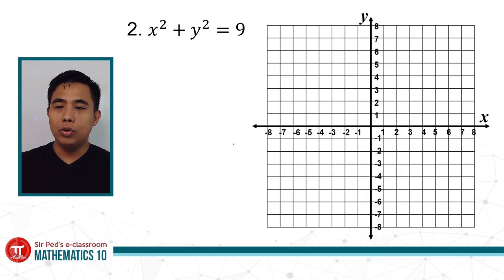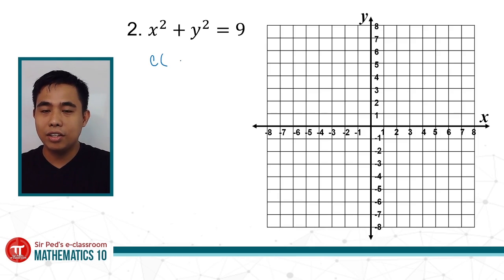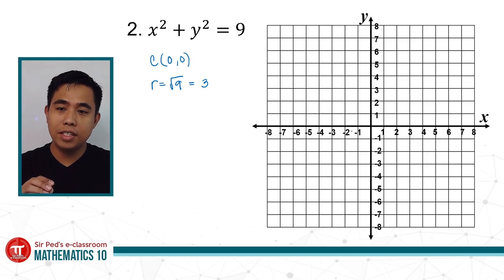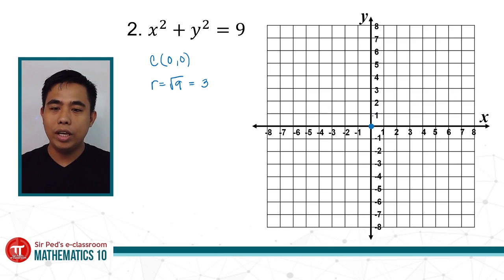Okay? Now, let's have number 2. So, number 2 is in standard form. So, we need to determine first the center of the circle, which is 0, 0. And then the radius is equal to the square root of 9, which is equal to 3. Plot first yung center, which is 0, 0, nasa origin. And then we count 3 units sa right. Okay, 3 units. Yan.